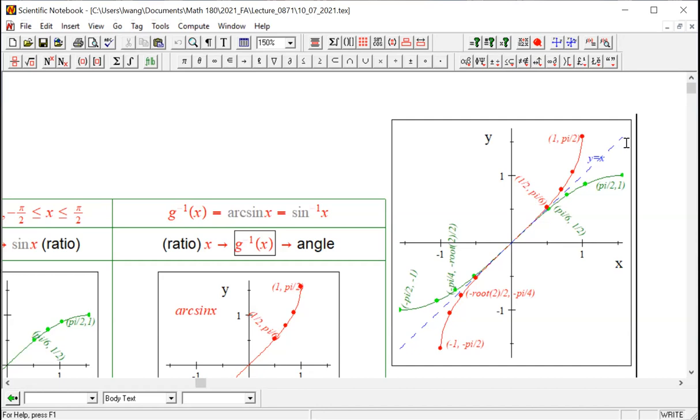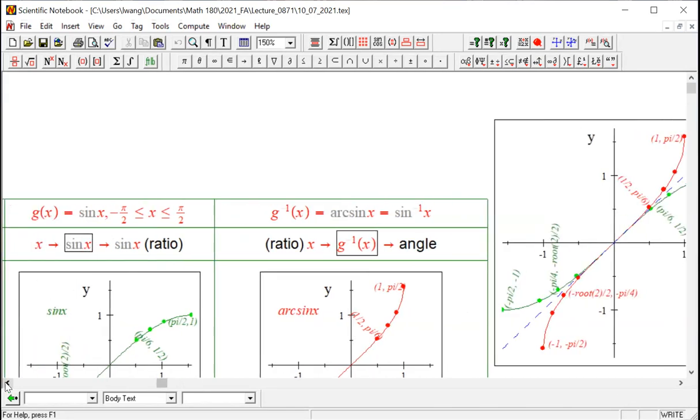And the points are symmetrical with respect to the line y equals x, just like all the other inverse functions we saw: exponential, logarithm, and so on and so forth. And the points we plotted are in the table. The next quiz is going to be about how you identify those points, which one is input, which one is output.